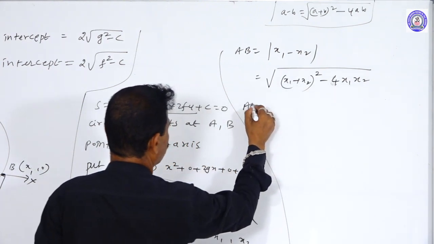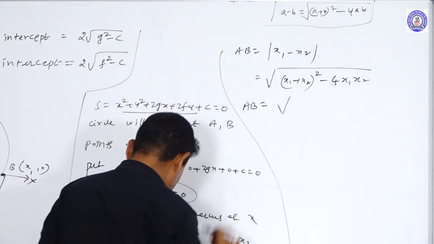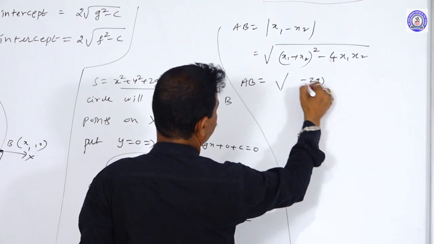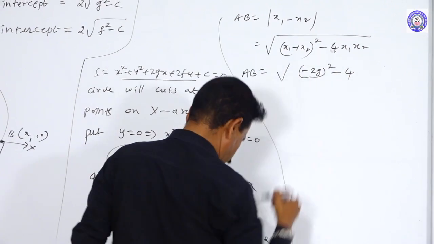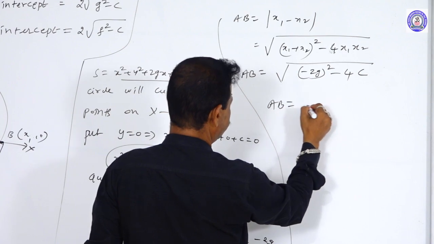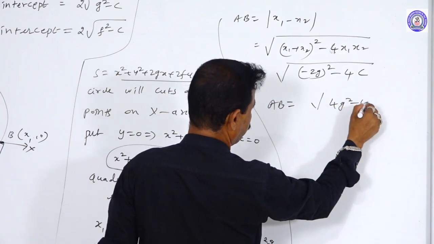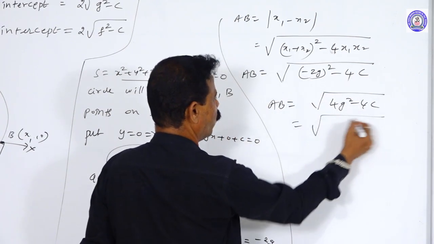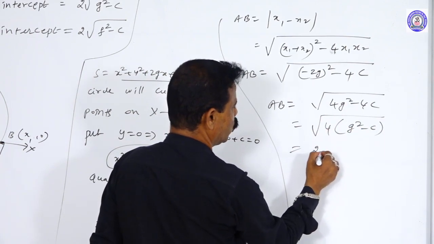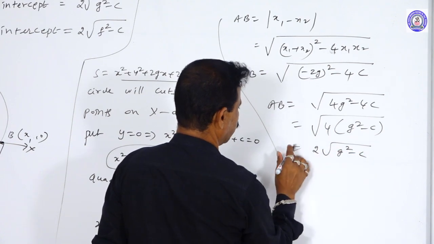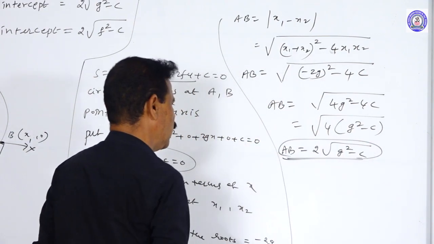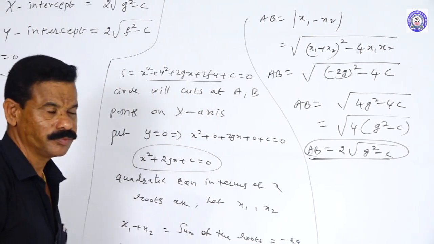So AB is equal to under root of x1 plus x2, how much? Sum of the roots, minus 2g, whole square, minus 4 into x1 x2, which is the c value. So AB is equal to root of 4g square minus 4c. Here we take 4 common, g square minus c, 4 outside, 2 root g square minus c. This is AB, the length of the x-intercept.